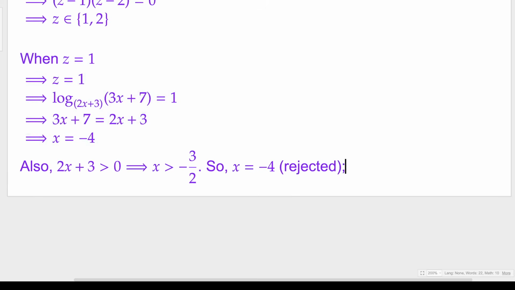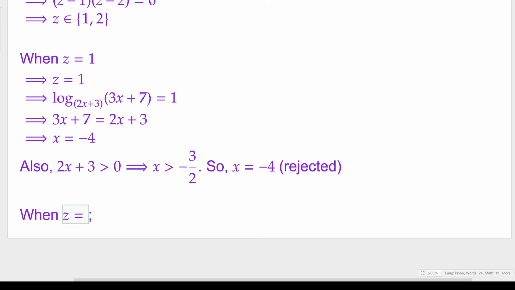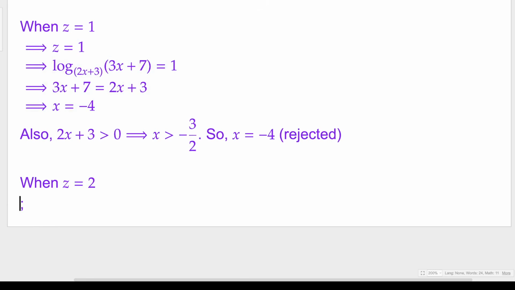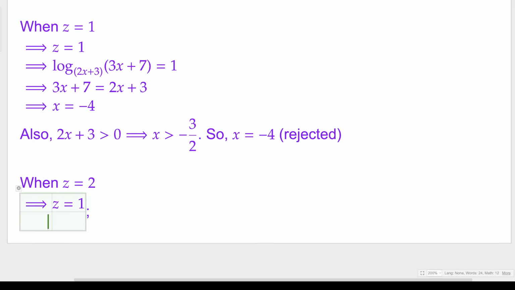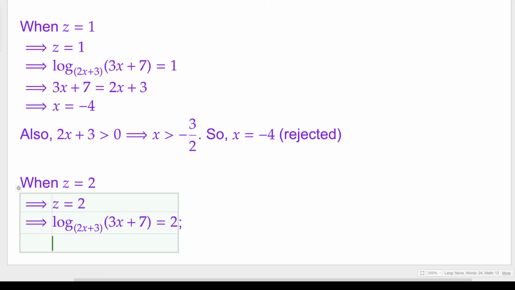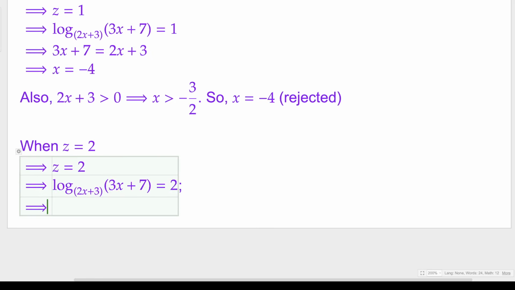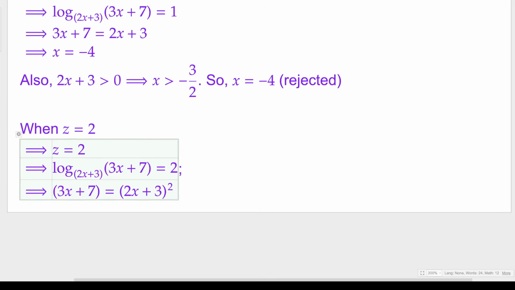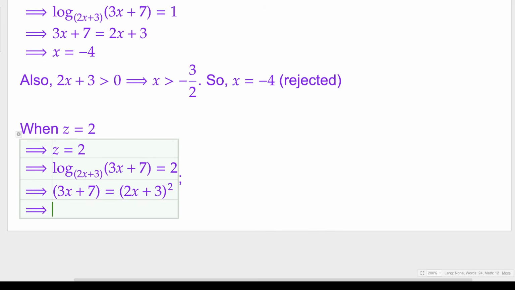Now let us check when z is equal to 2. I take this equation and here I write 2. Now let us resolve this one. From this, 3x+7 is equal to (2x+3) squared. So this logarithmic form converted into exponential form is clearly a quadratic equation.